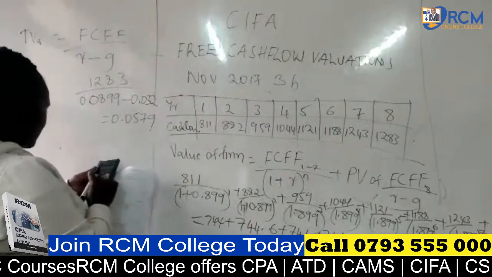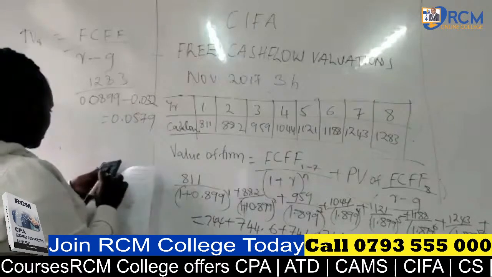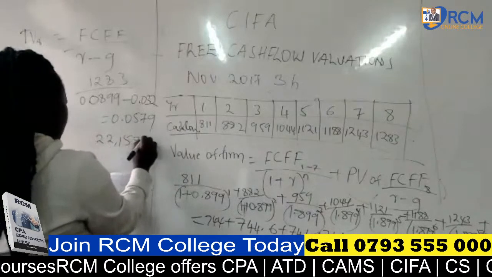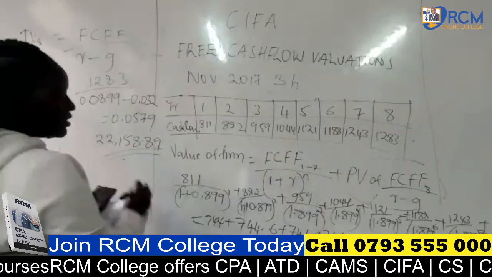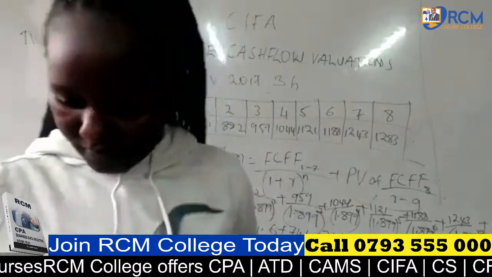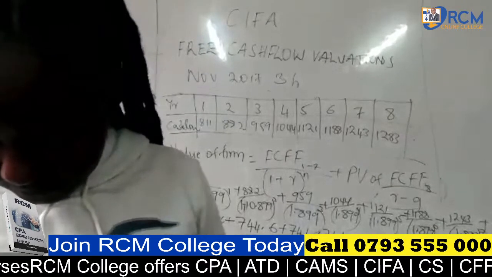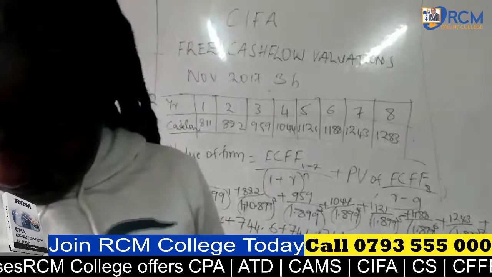Then it is 1283 divided by that. Are you getting 22,158.89? No. How much are you getting? I'm getting 1753.